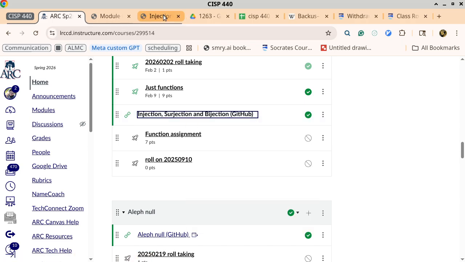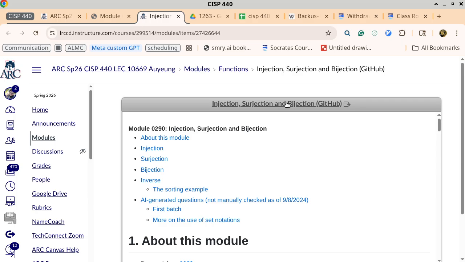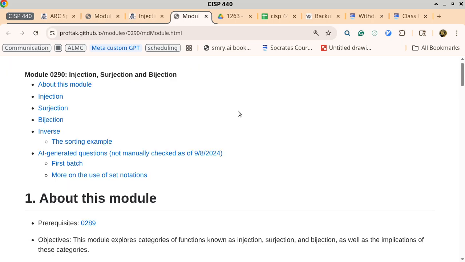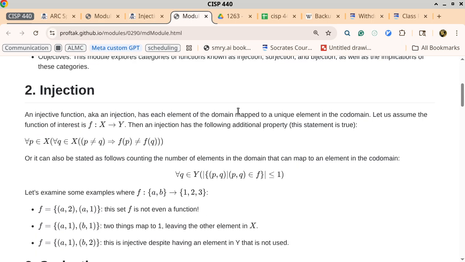Okay, so now we're getting into injection, surjection, and bijection. I'm starting to use a few different ways to say the same thing. So injection, okay, this time we're assuming f is a function to begin with. It does not make sense if S is a set of two-tuples but not a function; you cannot call a non-function an injection.